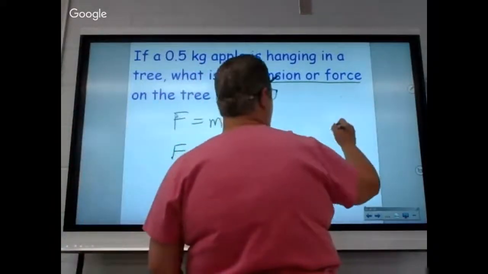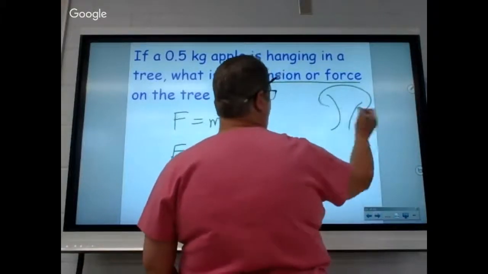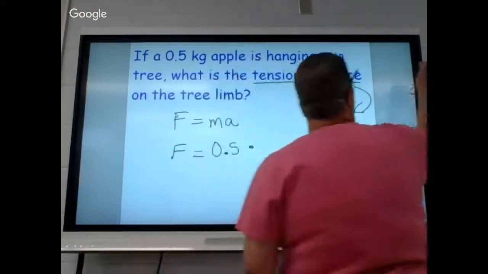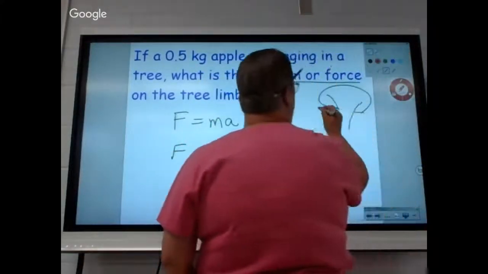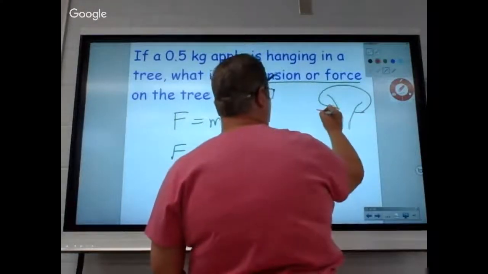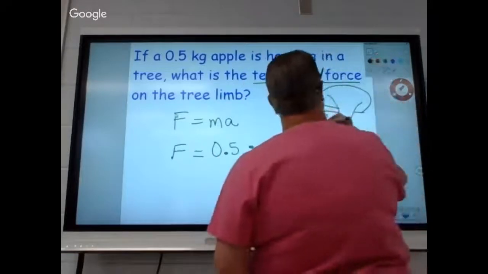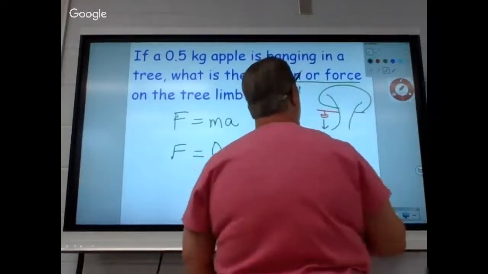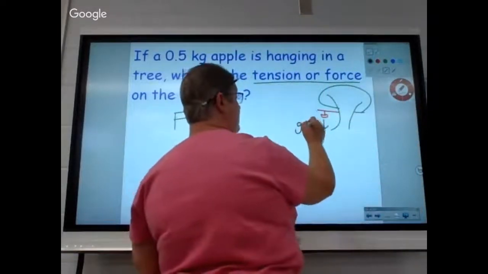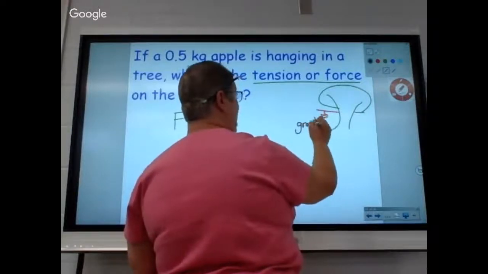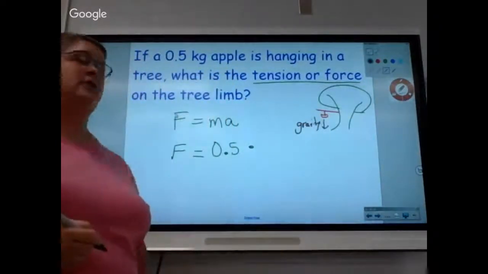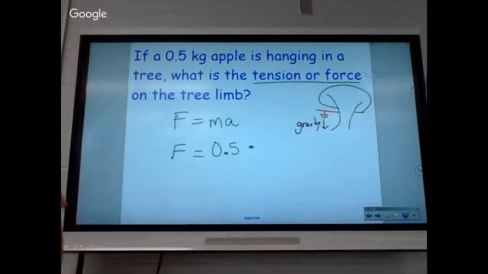Now think about it. I can't draw, so work with me on this. We've got a limb, and some little apple hanging in the tree. Now, what is pulling on that apple? Gravity pulls it down, right? Doesn't matter if we're talking about an apple or something else, gravity pulls whatever's hanging down.